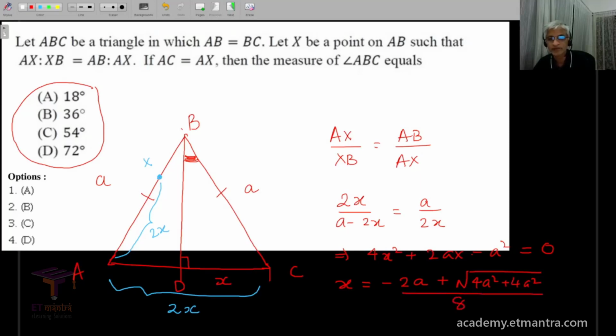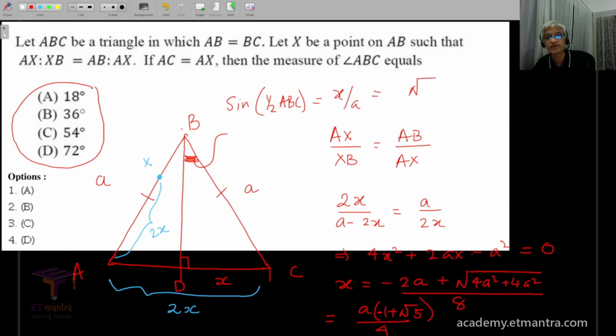Right, so the value of x turns out to be equal to a into (minus 1 plus root 5) by 4, and all of this implies that the sine of half of the required angle ABC is equal to x by a, and that is equal to (root 5 minus 1) by 4.